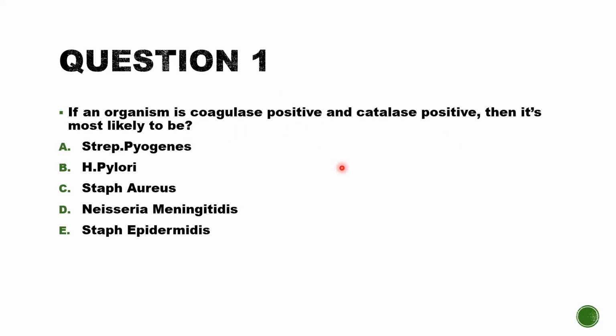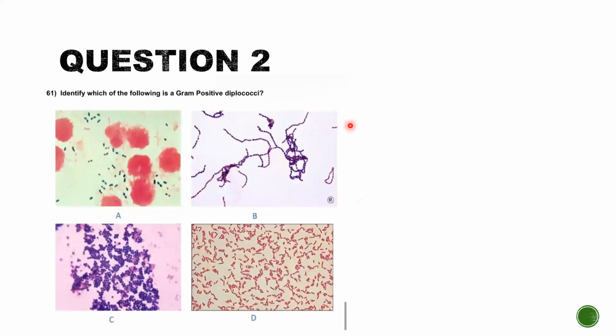C. Okay. Oh, you were answering. And okay. Yes, it's Staph aureus. Okay, great. I'm glad you guys know this. Now, which of the following is gram-positive diplococci? Okay, someone said A. Okay, what is B?